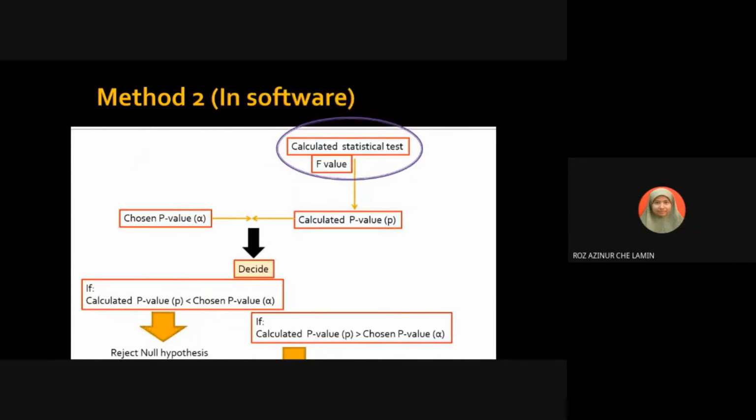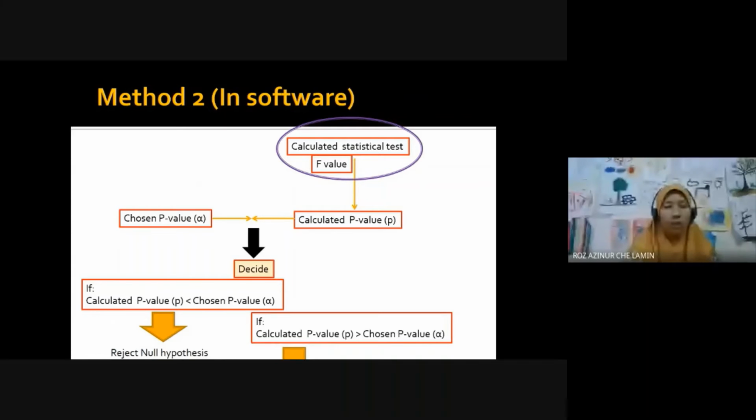In software, especially SPSS, you have a chosen p-value and a calculated p-value. How are you going to decide? If your calculated p-value is lower than the chosen p-value or alpha, you have to reject the null hypothesis. That means the means are not the same; there are differences between the means.